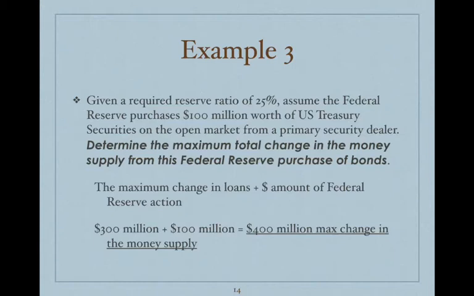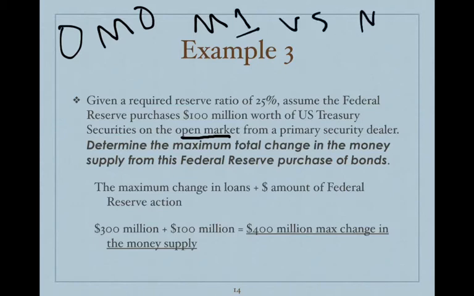Now, whenever we're doing an OMO question, and remember we said that OMO refers to an open market operation, so we're talking about doing this right here on the open market. So an OMO, an open market operation, we're buying bonds in this case. This is different than when we did before. We talked about M1 versus M2, right?